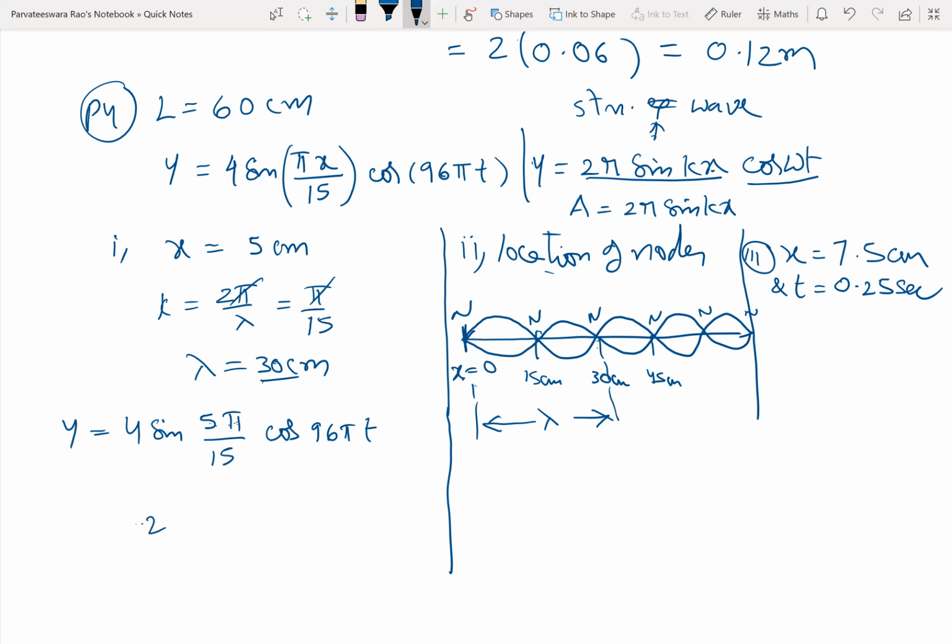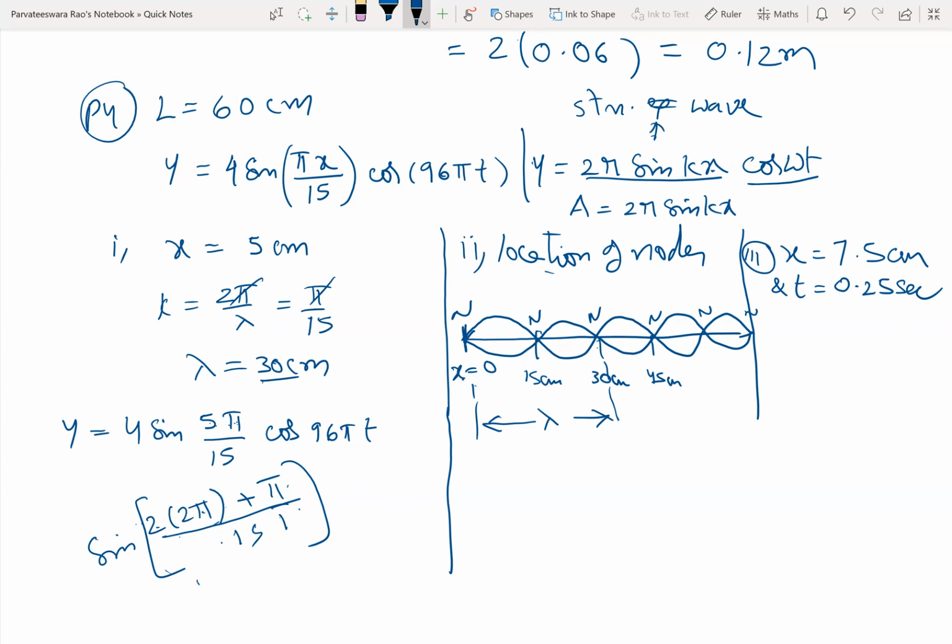It is pi by 3, that is 60 degrees. Sine of that becomes root 3 by 2.